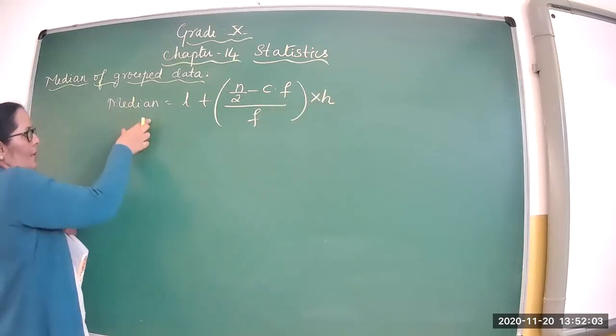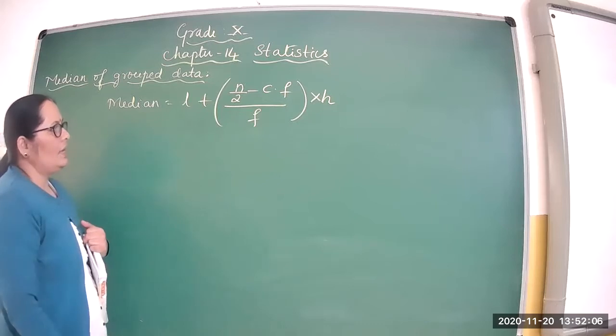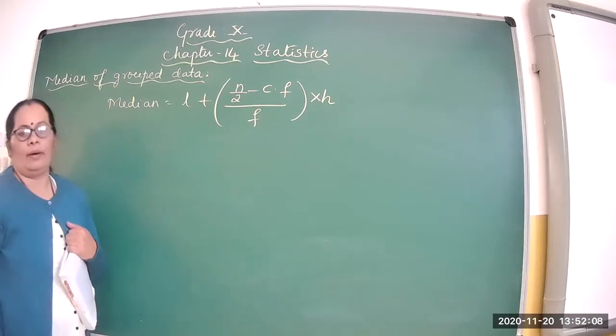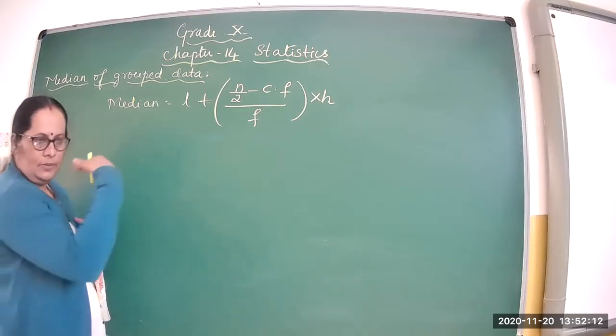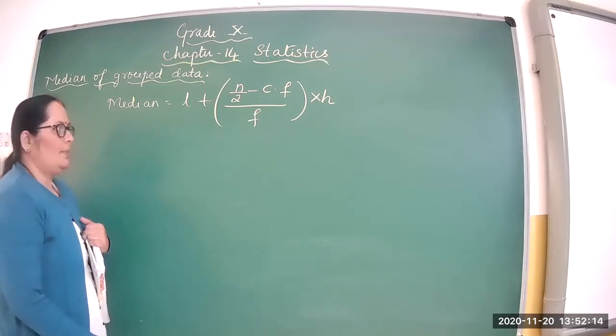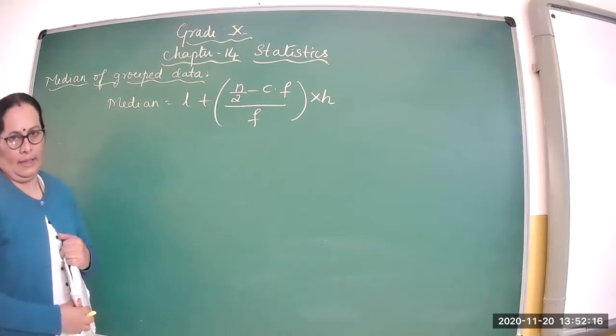Then write the formula median equals L plus (n by 2 minus Cf) upon f into h. Then substitute the given data in this formula and find median.